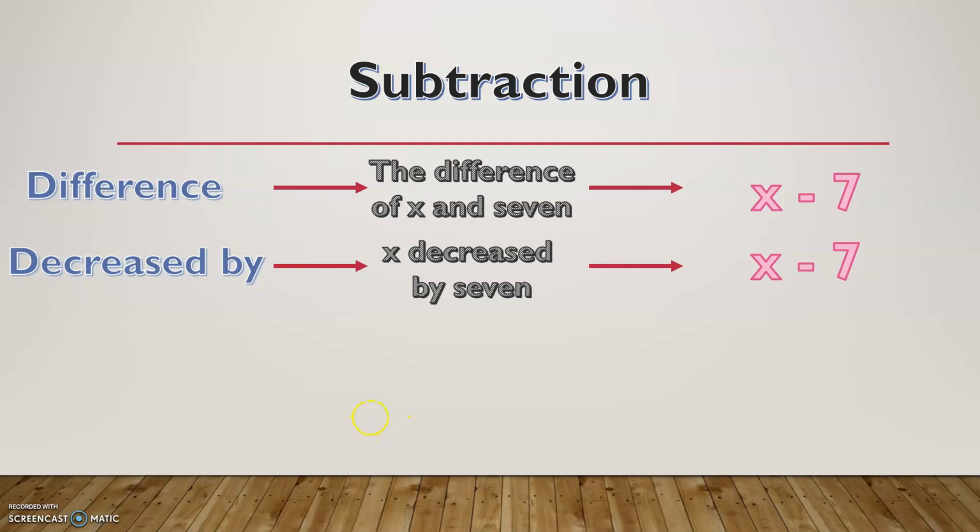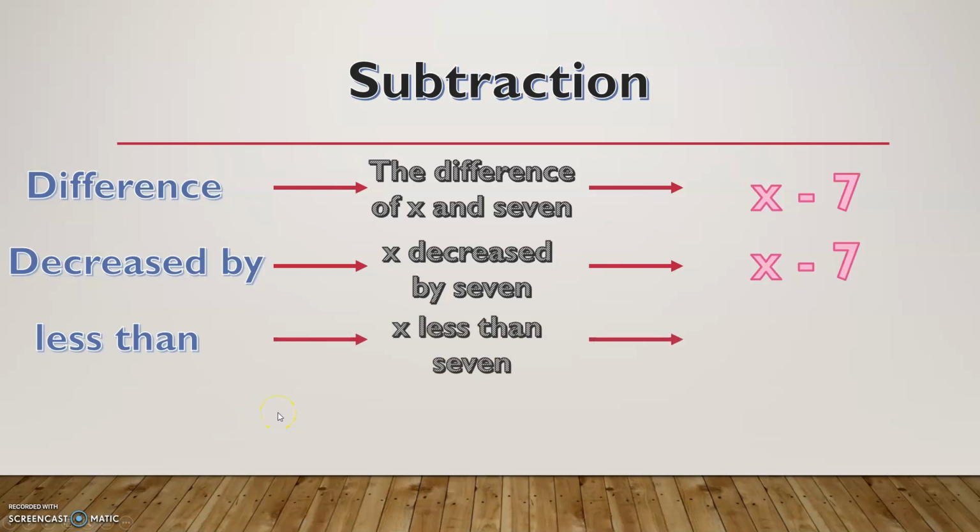There are also two phrases in subtraction that we need to remember that change the position. And that is less than. So if I have x less than 7, then we're going to change their places by having 7 minus x. It is important to remember this because especially in subtraction, the answer will be different.